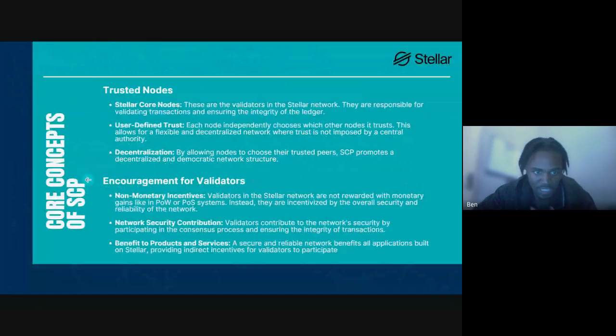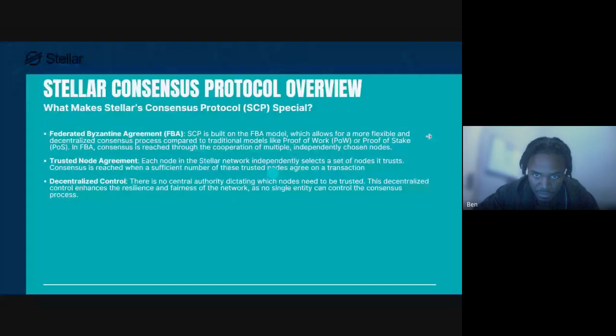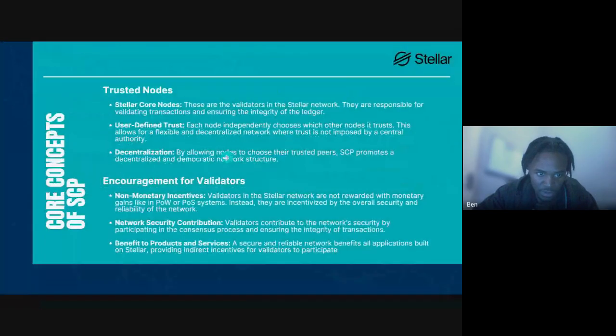So the core concepts of Stellar consensus protocol. Trusted nodes, Stellar core nodes. These are the validators in the Stellar network. They are responsible for validating transactions and ensuring the integrity of the ledger.